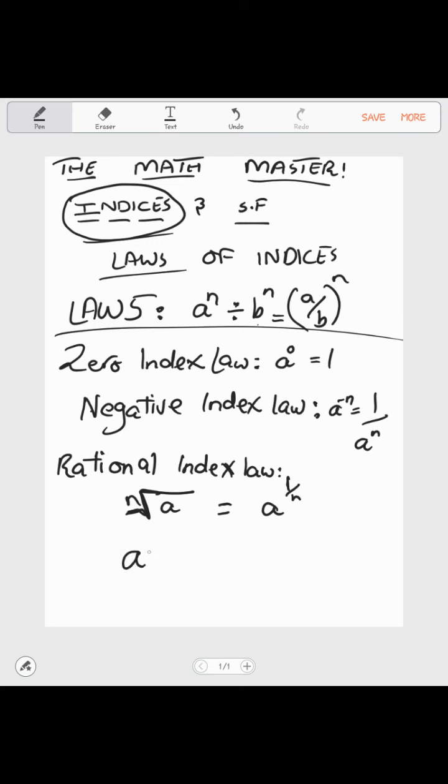Or if it's written a to the power 1 upon n, and you want to convert it into the root form, you can write the nth root of a. These are the same. Equal sign means the same. Equals means this is balanced. This is the rational index law, which includes a to the power 1 upon n equals the nth root of a.